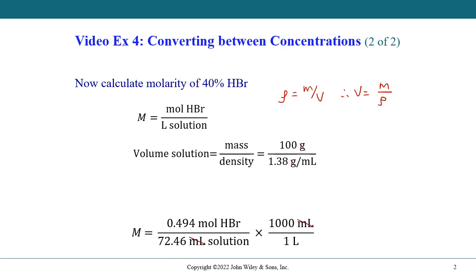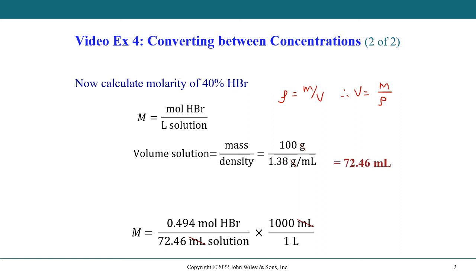We have the mass of the solution, which is 100 grams. Remember, we assumed 100 grams of solution because it was a percentage mass solution, and we divide by the density to get the volume, which works out to be 72.46 milliliters.